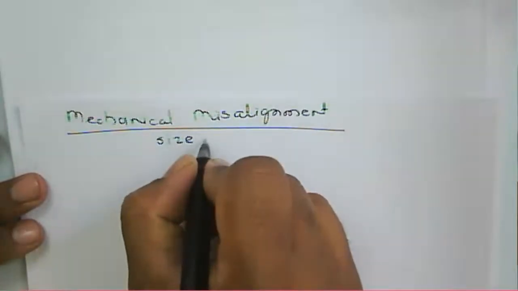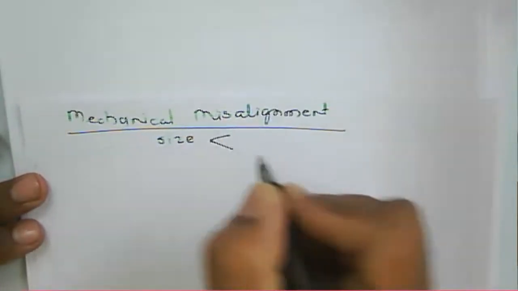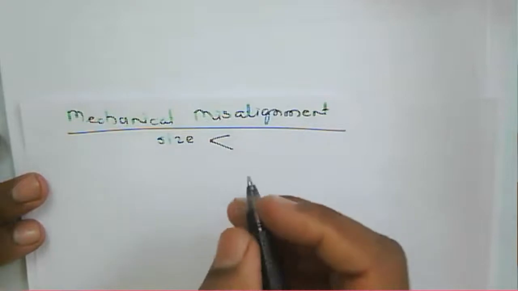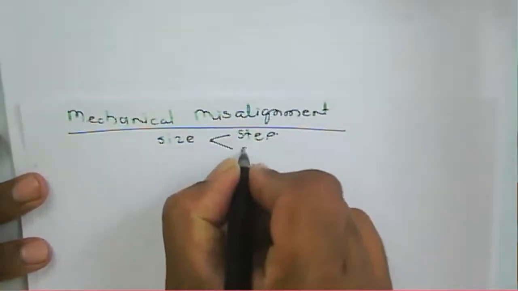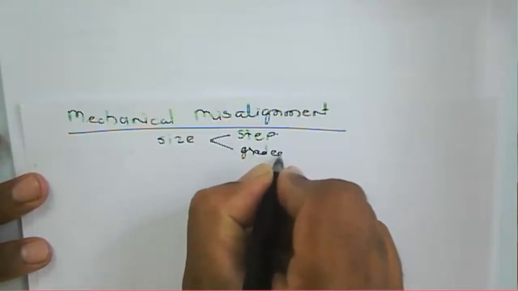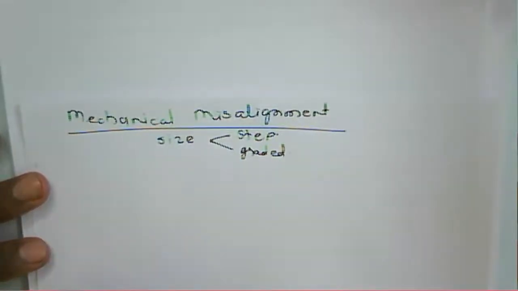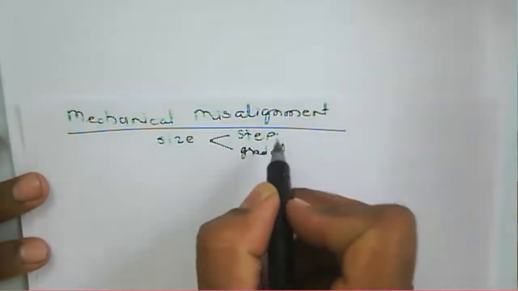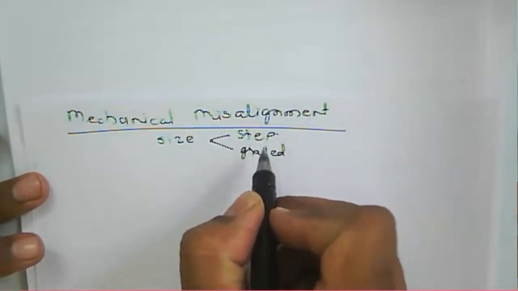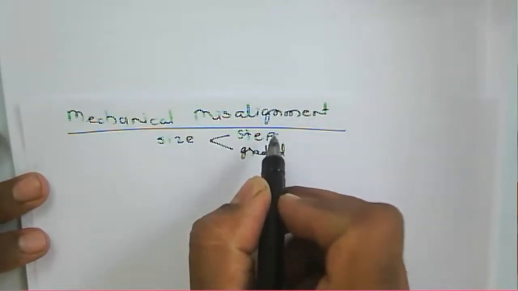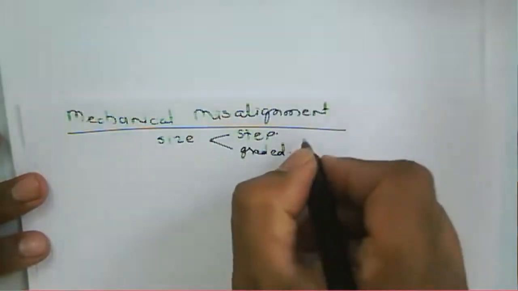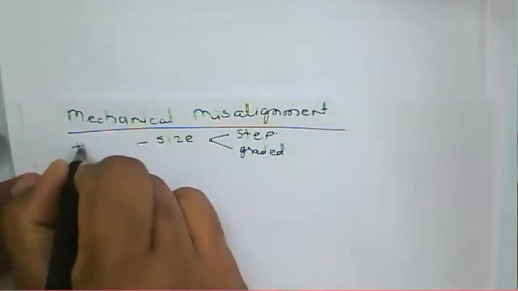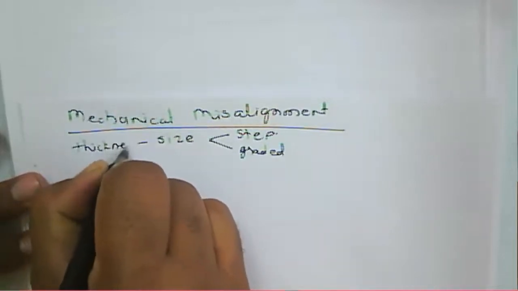Size means what? That is the diameter of a core, if it is a step index fiber or a gradient index fiber. So we consider what will be the size of that particular fiber, or we can say the thickness of the fiber.